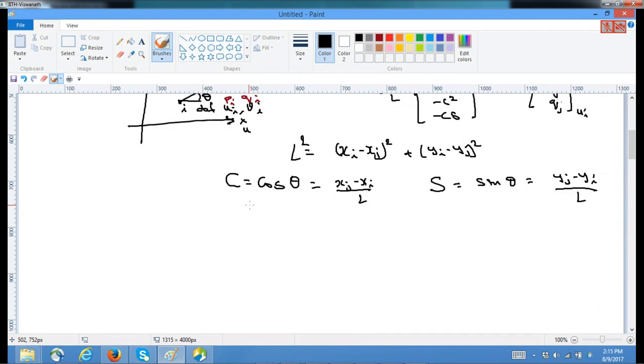Similarly for uj, keeping all other things 0. Similarly vj, keeping all other things 0.